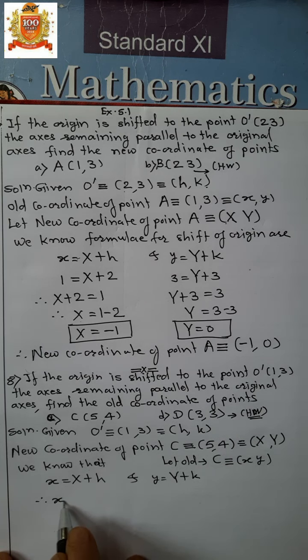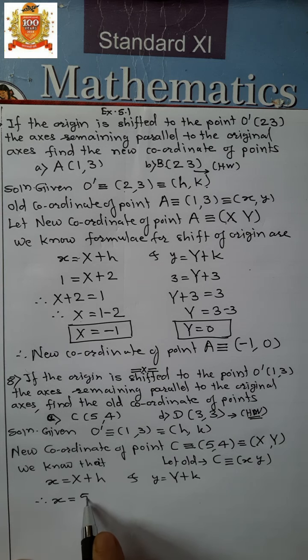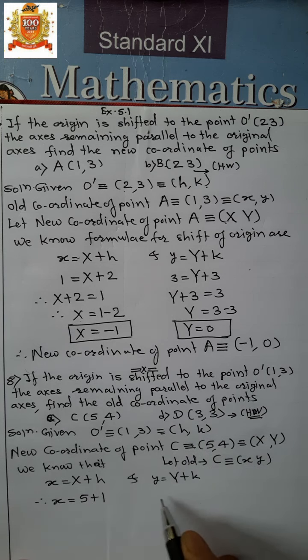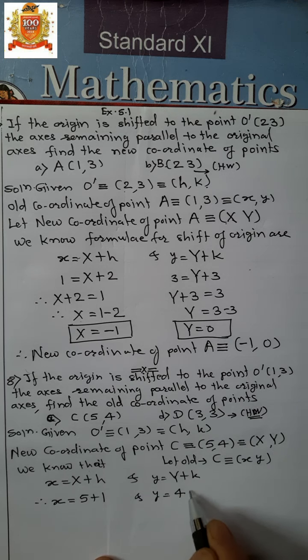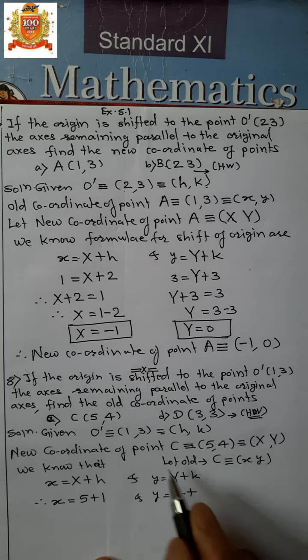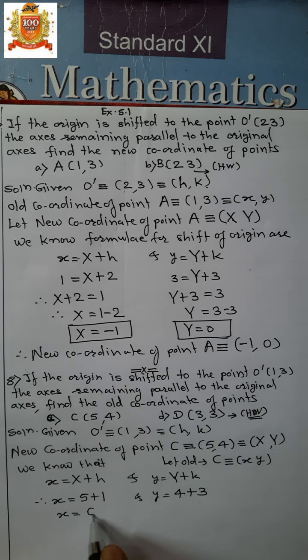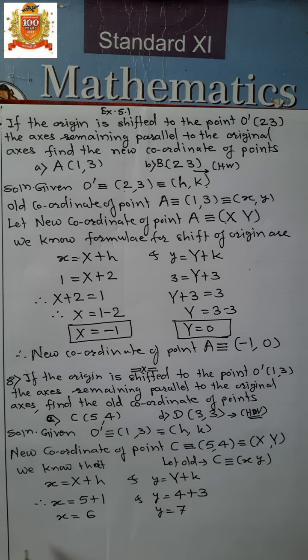Therefore, small x is equal to the value of capital X, which is 5, plus the value of h, which is 1, and y is equal to the value of capital Y, which is 4, plus the value of k, which is 3. Therefore, small x is equal to 6 and small y is equal to 7.